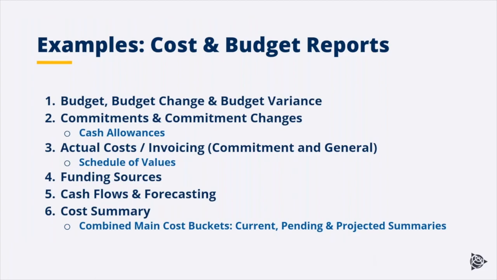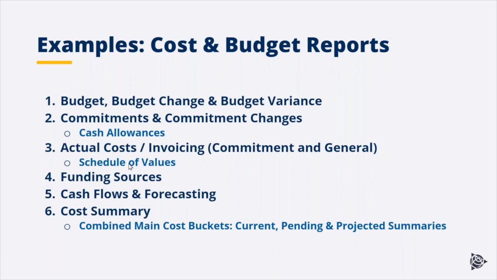Okay, our next group of reports are cost and budget reports. These reports are going to allow you to identify trends in specific cost buckets to allow you to manage profitability. Of course, the three main cost buckets in construction are budgets, commitments, actual cost, and then within construction you may have some specific commitments like cash allowances and specific invoices, similar to schedule of values.